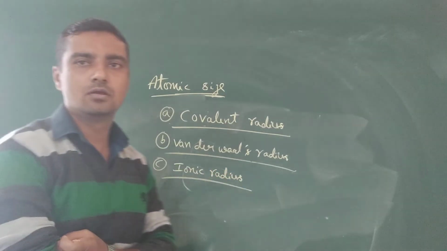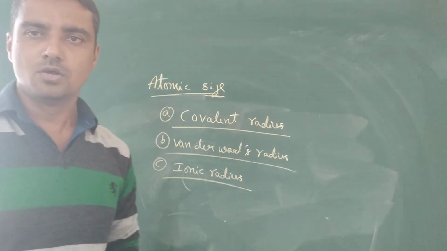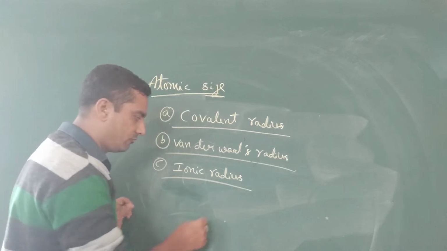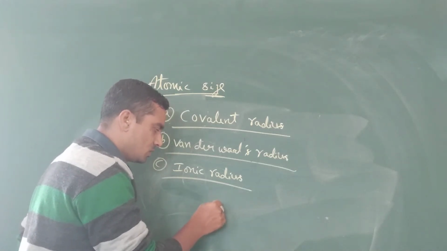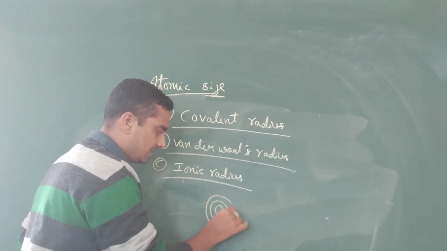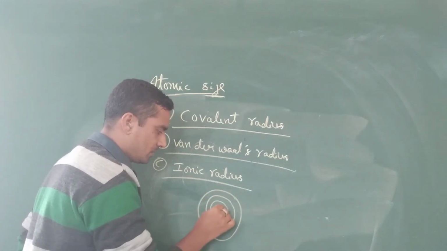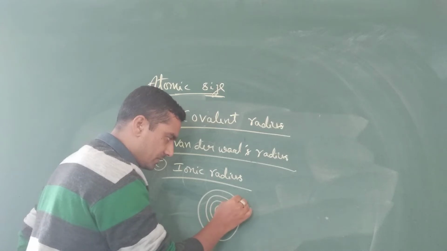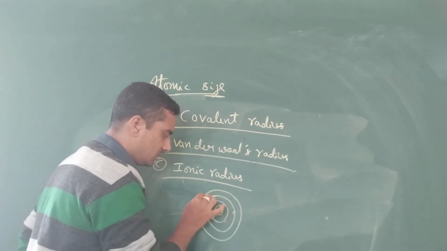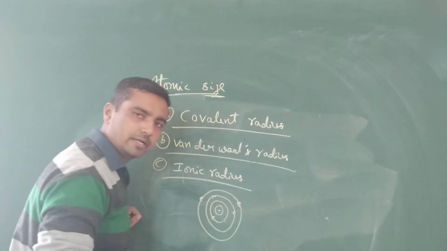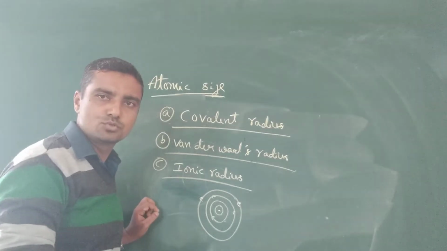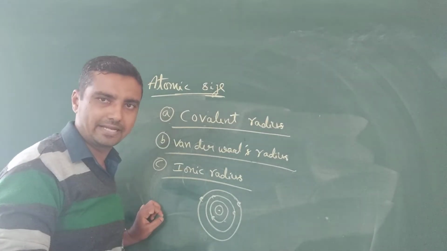Ionic radius. Ionic radii are nothing but, there are some ions, present in the ionic form. Here, this will be an ion. Electrons are present here. This is an electron, this is an electron. For this ion, we have to remove one electron, so it becomes the cationic form.